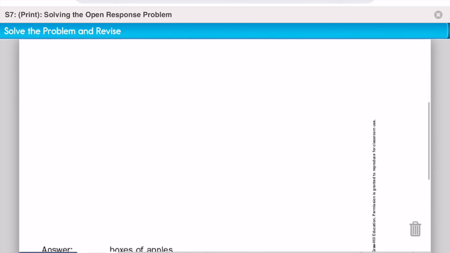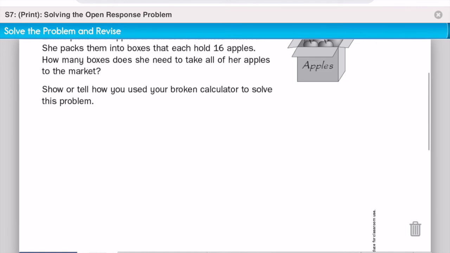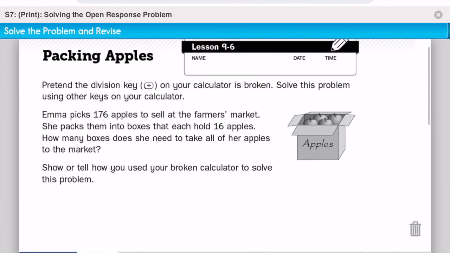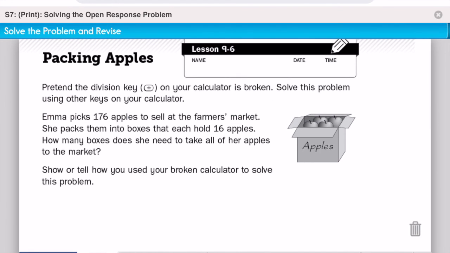And then down at the bottom, please write an answer, how many boxes of apples. Go ahead and work on this today, and then tomorrow on our class math Zoom, bring this sheet of paper and your ideas. We'll share them together, talk about different strategies and different solutions. Hope this goes well for you. Remember, you cannot use the division key.